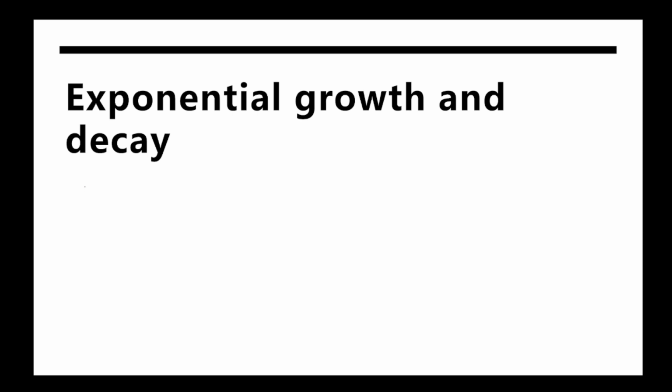Now moving on to exponential growth and decay. The definition for exponential growth or decay is that the rate of change is proportional to its current value. An example of exponential growth would be compound interest.